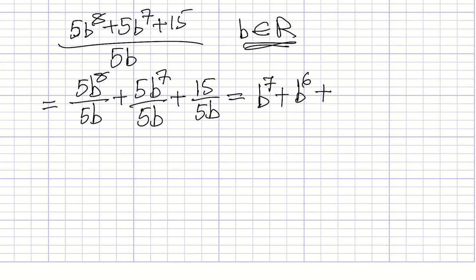Okay, plus 15. 5 go into 15 how many times? You get 3 times over b. You can write it like that. Okay. All right. So this is whatever b is. This will end up being a number once you put in whatever b is. You understand? So we're done with that one. Let's go to the next.